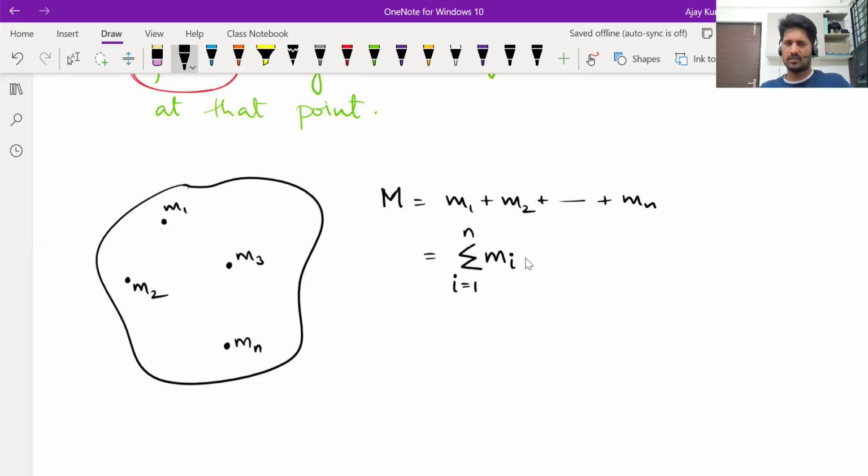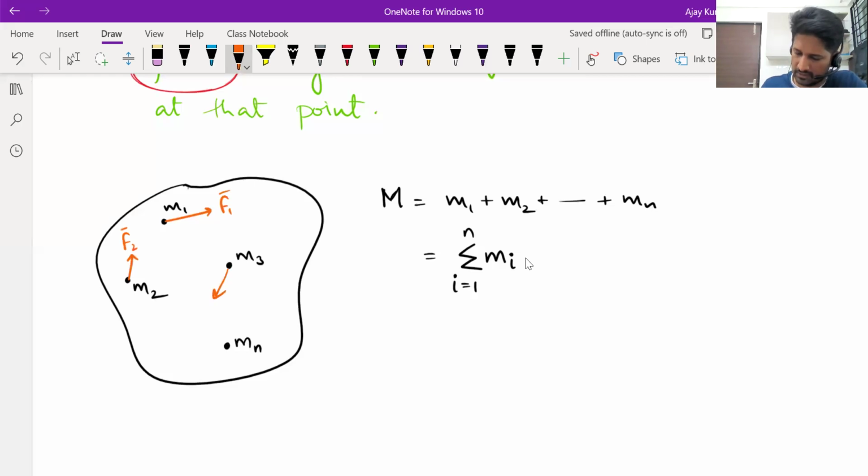Depending on where it is and what it is surrounded by, there could be forces acting at different points of this system. It's not necessary that force acts at only one point of the system. So m1 could be experiencing some force, call it F1. F1 is the net force acting on m1. Other particles of that system may be exerting it, or some external agent may be exerting it, but the resultant force on m1 is F1. Similarly, the resultant force on m2, they need not even be the same, let's say F2.